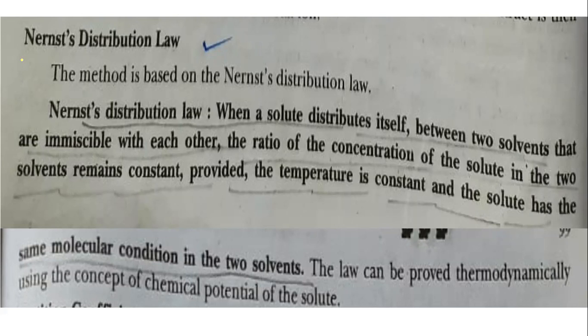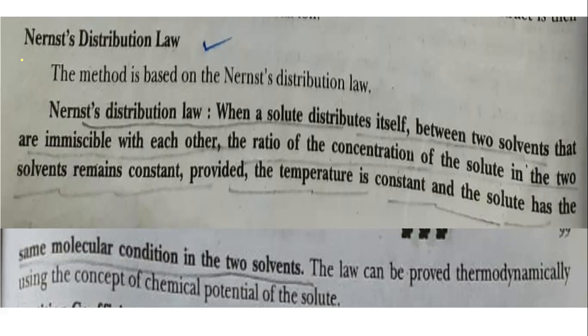Okay, so if water is there and we can say ethyl acetate is there, or we can say petrol is there, half liter of water and half liter of petrol is there. So if any organic substance we pour in the water and that is soluble in the water, what will happen? Some amount of substance will remain in the water and some amount will go into the petrol.